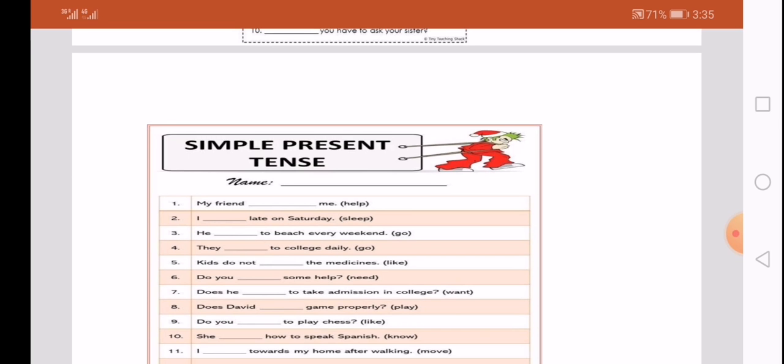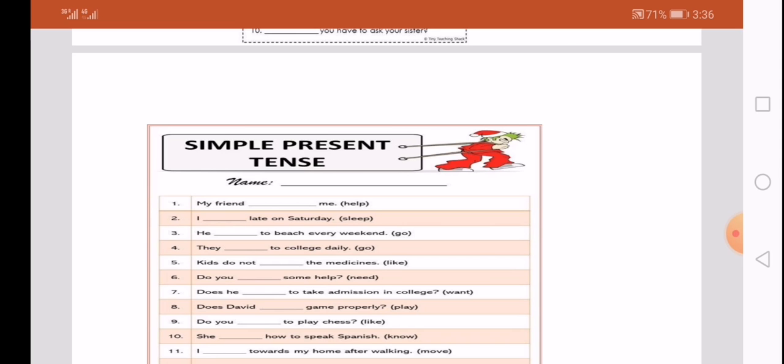My friend, here you are going to put the verb in brackets in the correct form, which means either adding S if the subject is singular, or putting the verb without adding S if the subject is plural. For the first one, my friend helps me, you are going to add S to the verb help.